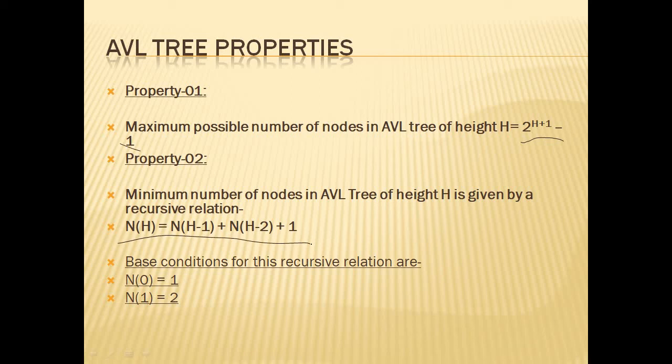If I want to find the minimum number of nodes in a given AVL tree of a particular height, we go with this one. And here base conditions are there: N of 0 is 1 and N of 1 is 2. These base conditions help us calculate the minimum number of nodes for a particular height.